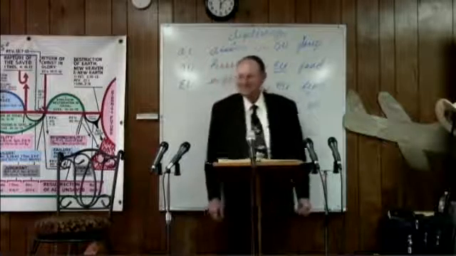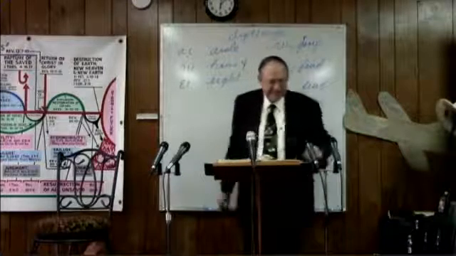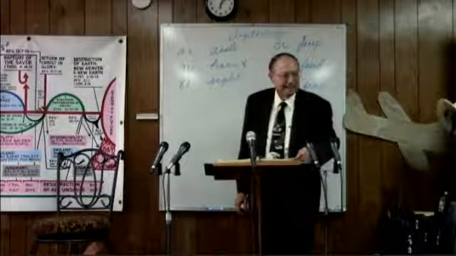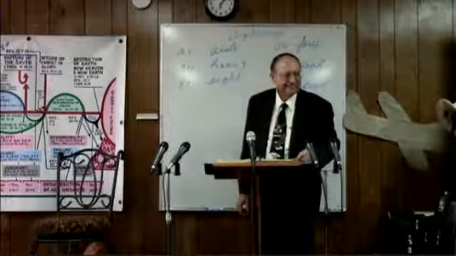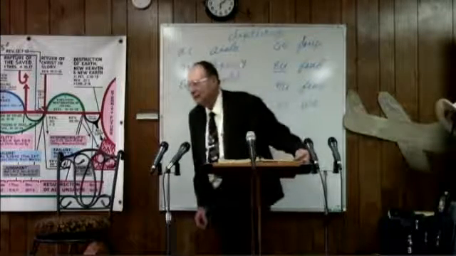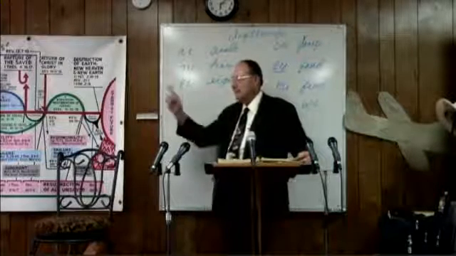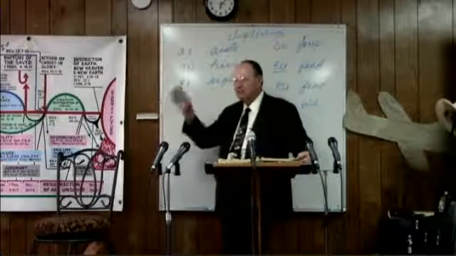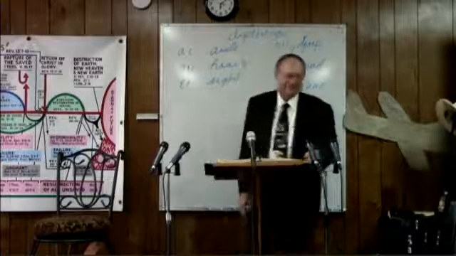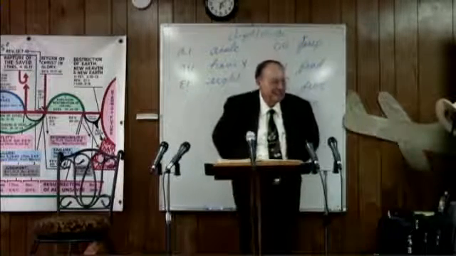All right. And how do you say yes in Greek? Does anybody know how you say it in Greek? Nay. Just remember nay in English means no, but in Greek it means yes. So when you say nay, you're really saying yay.